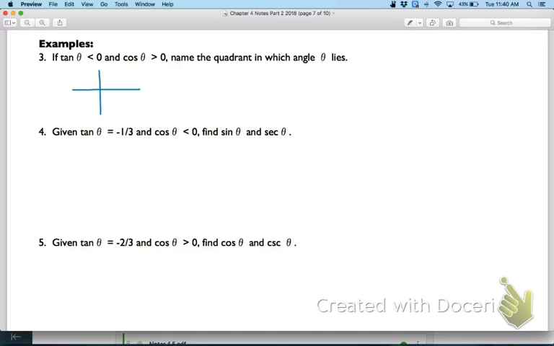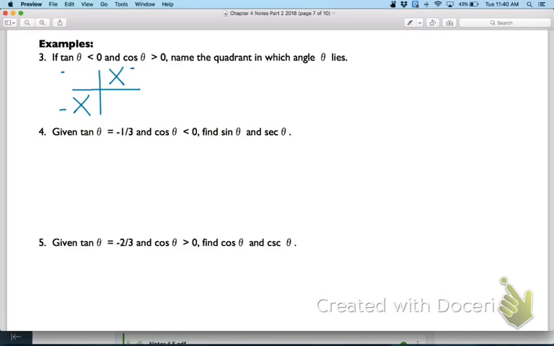Well, if tangent is negative, that means it cannot be in quadrant 1 because everything is positive there. And then the tangent is positive in quadrant 3. Remember, all students take. So T is quadrant 3. That is where tangent is positive, so it cannot be there. So now we have to decide between quadrant 2 and 4.